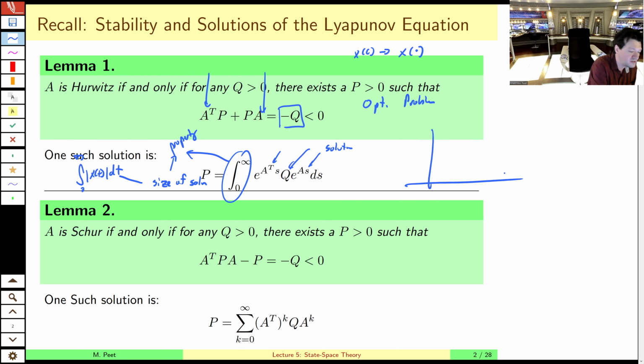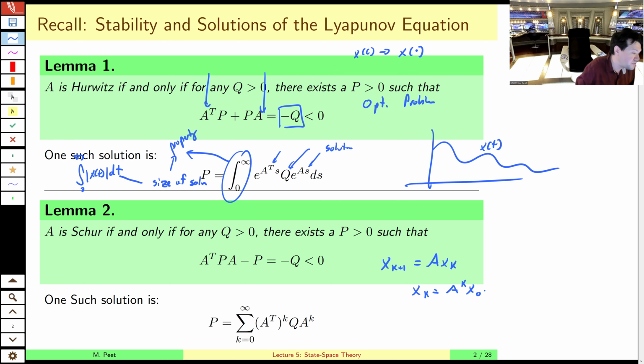If this is our solution, it's just the integral of that line. And we had an equivalent for discrete time systems as well, which also gave us a Lyapunov function, also interpreted as the solution, because the solution here was x of k equals A to the k, x 0.